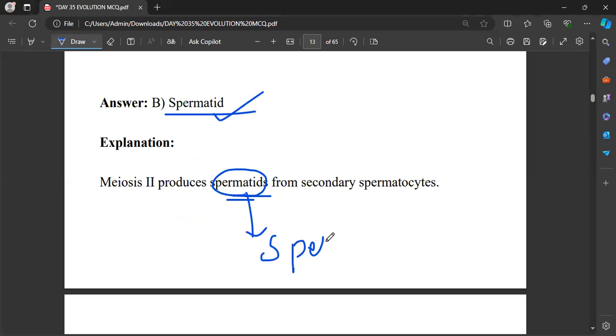What is that process called? Spermatid gives rise to spermatozoa or sperm. What will be the name of that process? Spermiogenesis. Okay.